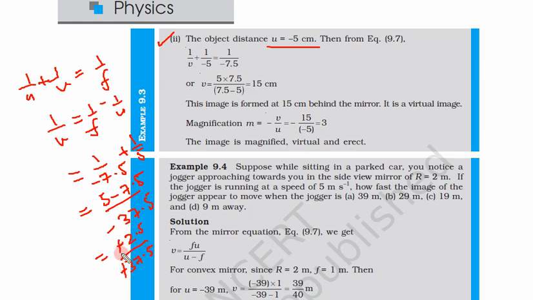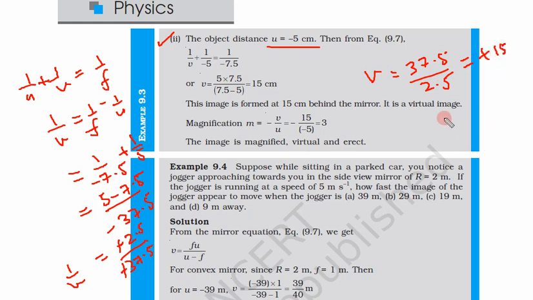So minus minus is cancelled. So this is 1 by v. So v is nothing but 37.5 divided by 2.5. So once we divide, we get plus 15 centimeter.